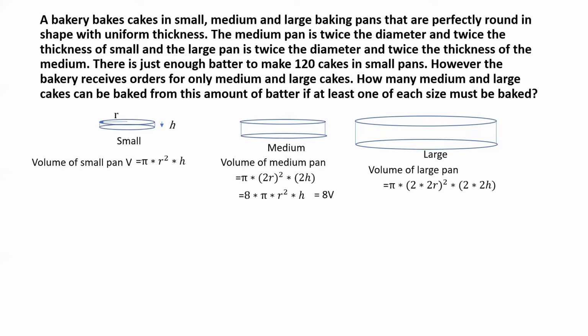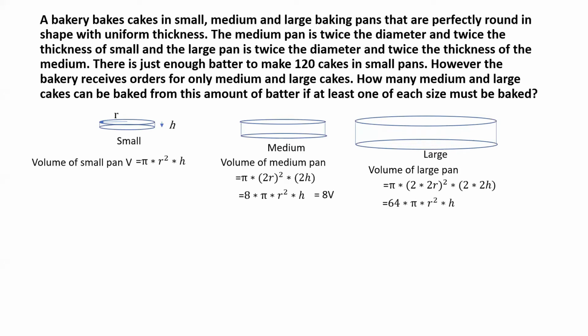So the question is, what's the volume of the large pan? Well, you can apply pretty much the same formula. It's pi multiplied by its radius, which is 2 times the medium's radius of 2r, so 2 times 2r, and we square the whole of that. Similarly, the thickness is 2 times the thickness of the medium pan, which had a thickness of 2h, so 2 times 2h.